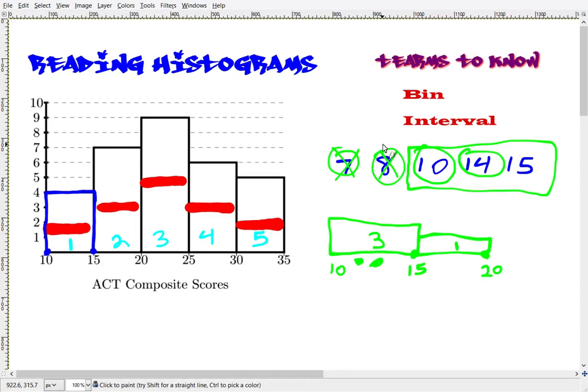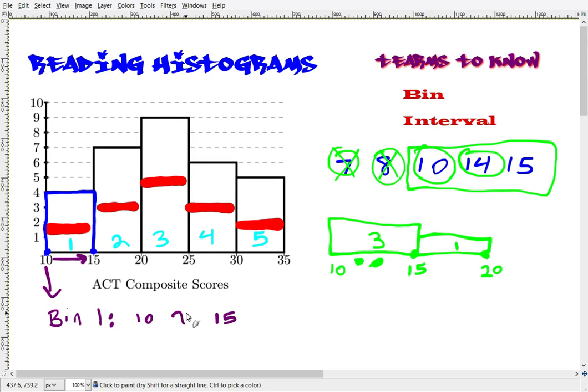So this is the first key thing about histograms that's a little confusing, but once you get used to it, it's really easy to understand: the range that any bin covers will always be from the start up to, but not including, the right-hand number. So bin number 1 will include all of the scores from 10 up to 15, but not including 15.